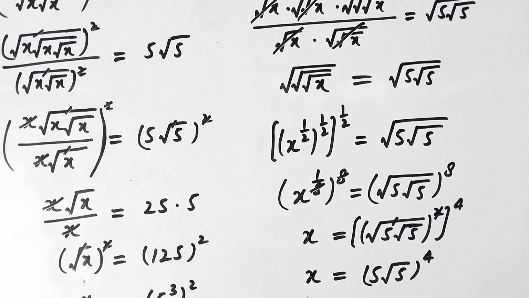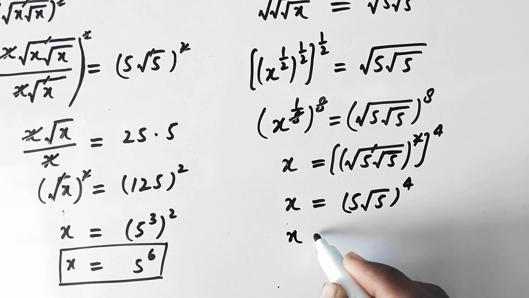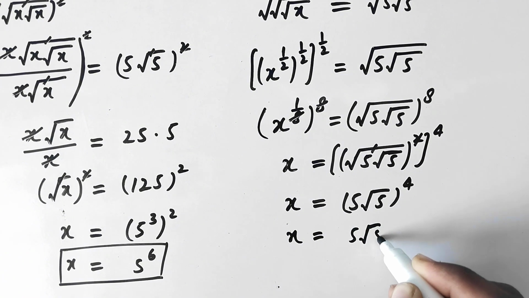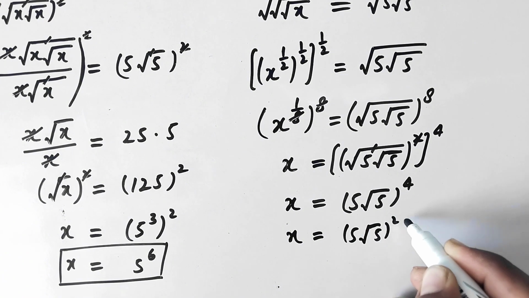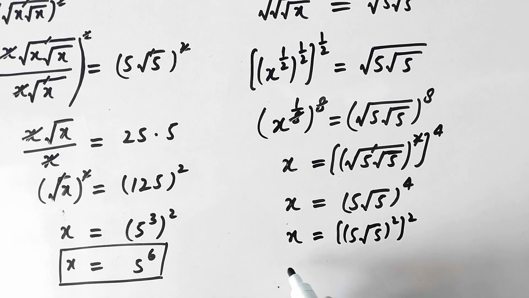Or in the next step, again we will write in that way, x equal to 5 times square root of 5 power square to whole power square.